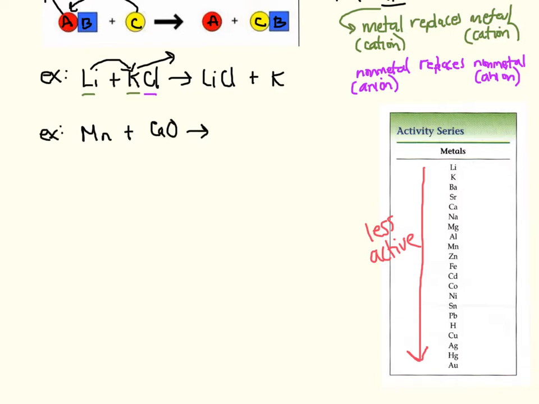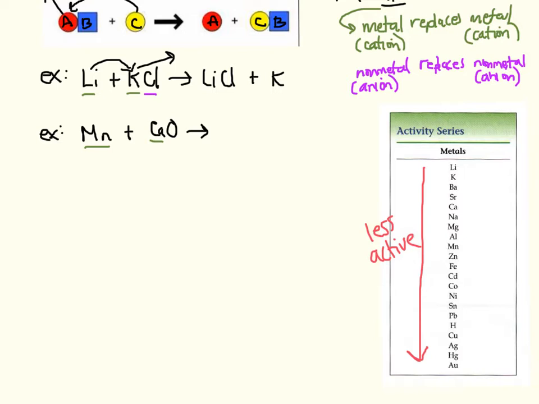So for example, if I had something like this, we've got manganese and we're reacting it with calcium oxide. So before we write products, we need to check our activity series. And we see that manganese is right here and calcium's above it in the list. So manganese is a metal and calcium's also a metal. The problem here is that manganese is below calcium in the list, which means it's weaker than calcium.